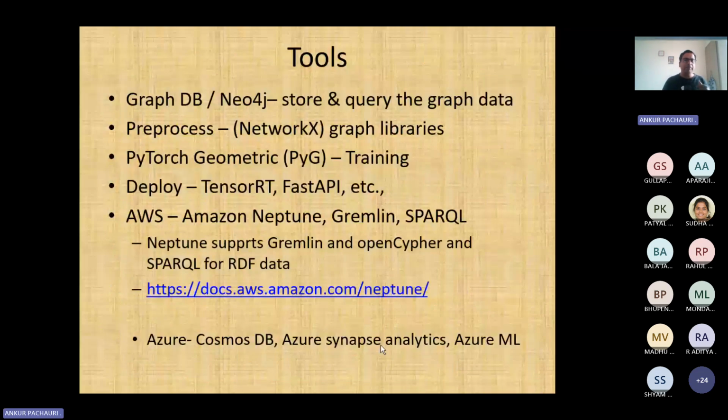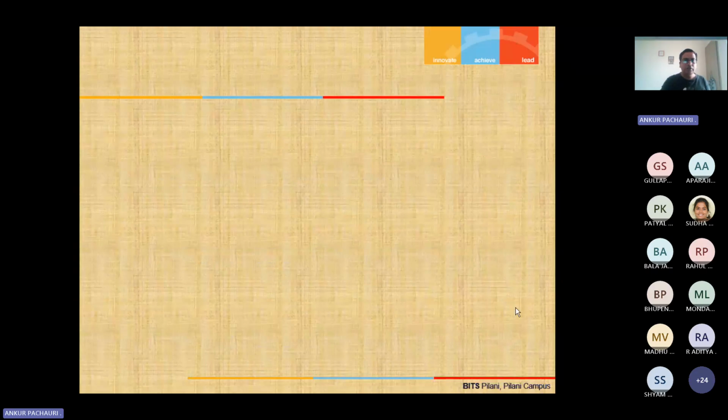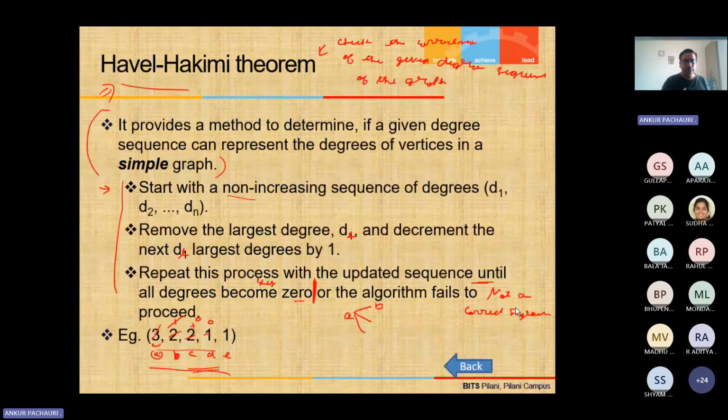Tools: GraphDB, Neo4j, NetworkX, PyTorch, TensorFlow and all those. You can use any or all of those tools as you become familiar with them for your own work. There are n number of tools available for working with graphs.